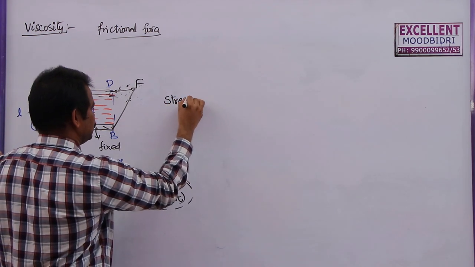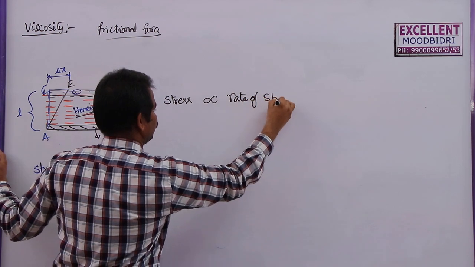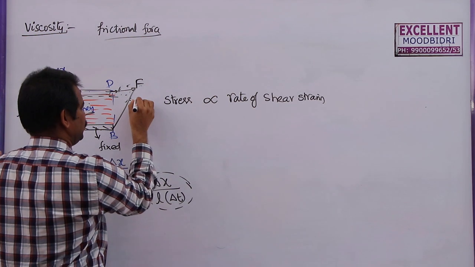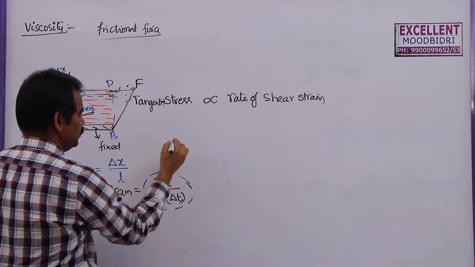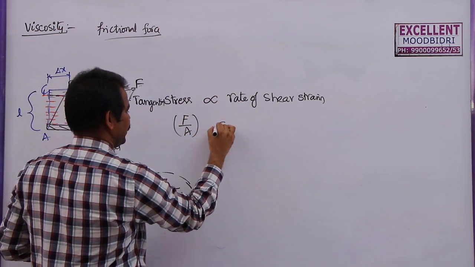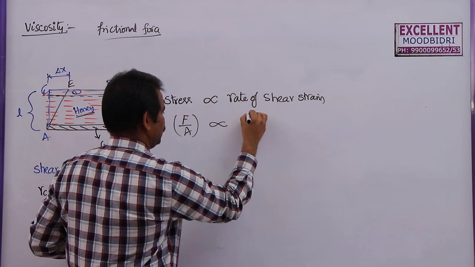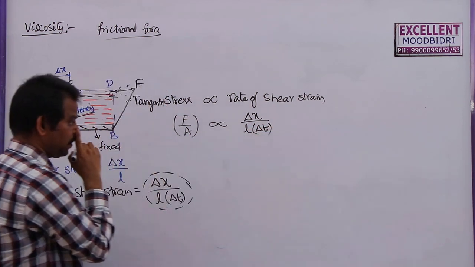Here, stress is directly proportional to rate of shear strain. This is the shear stress or tangential stress acting on this one. So F by A, the tangential stress, is directly proportional to the rate of shear strain, delta x by L into delta t.